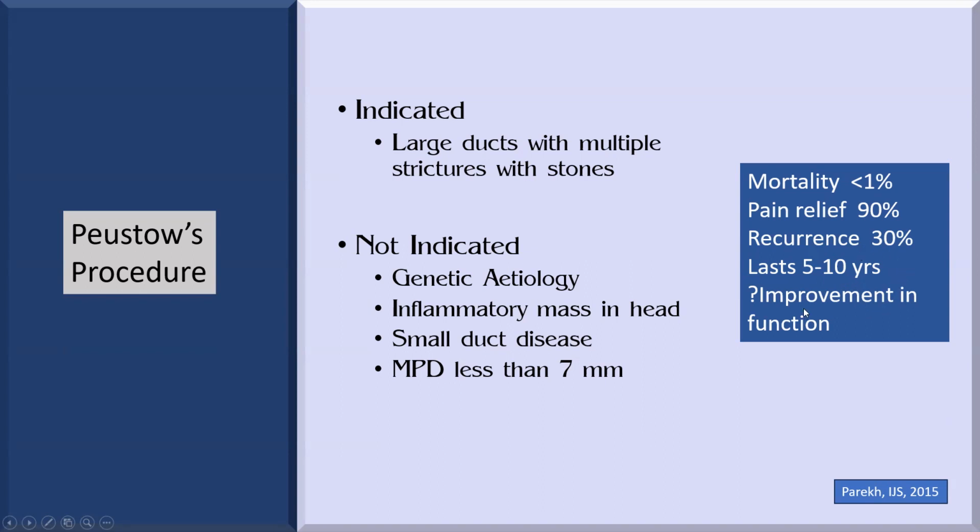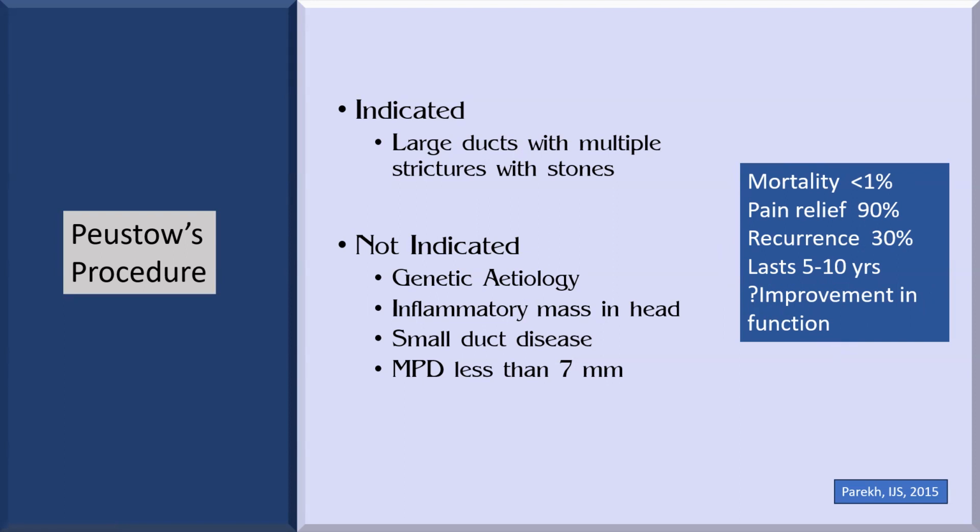Okay. And there is a big debate as to whether there is an improvement in the exocrine and endocrine function. The major indication for any operation for chronic pancreatitis is pain. Concomitant with pain, you also have both exocrine and endocrine deficiency that may or may not improve. There is a controversy about it.